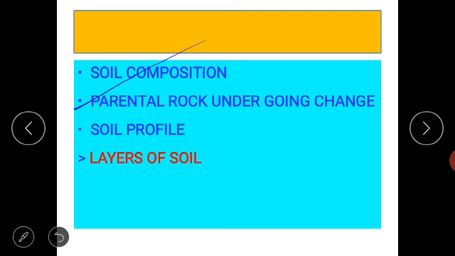Then below that there is the subsoil, which has rock particles and soil, a combination of weathered rock particles and soil. And the deepest layer of the soil is the bedrock, which contains big blocks of rock. So these are the layers of the soil.